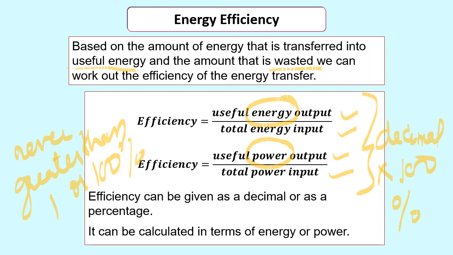So when you're getting a number greater than 1 before you multiply with 100, or a number greater than 100% after multiplying with 100, then go back, check your calculations. There should be something wrong somewhere.